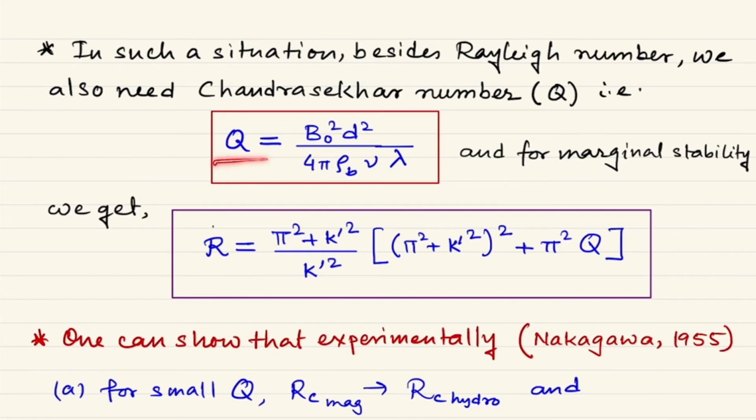But if it is non-zero, then for marginal stability, the marginal Rayleigh number is related to the dimensionless wave number. If you remember, all these things are related by this equation, where R is equal to (pi square plus k prime square) by k prime square times ((pi square plus k prime square) whole square plus pi square times Q).